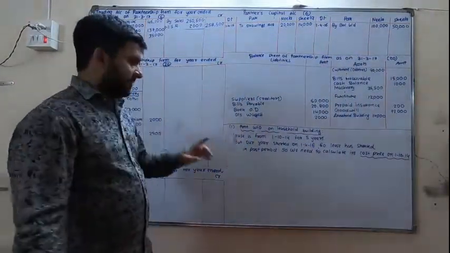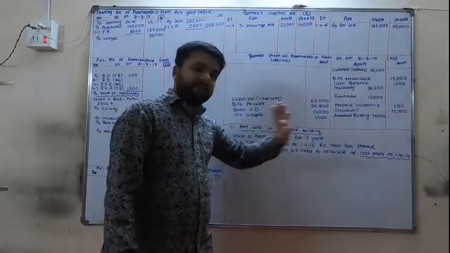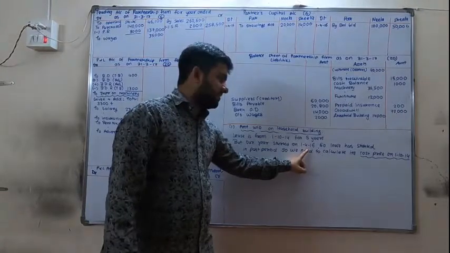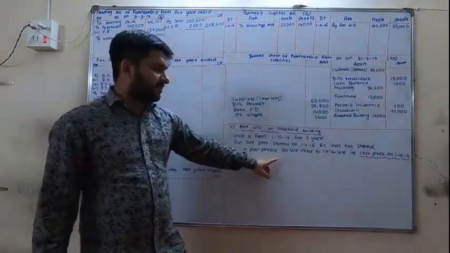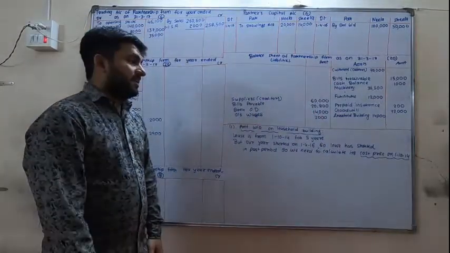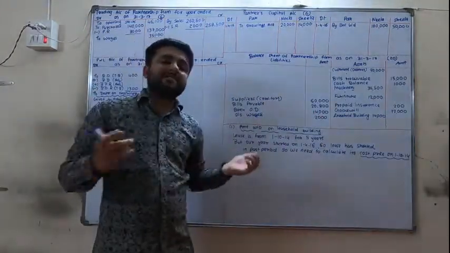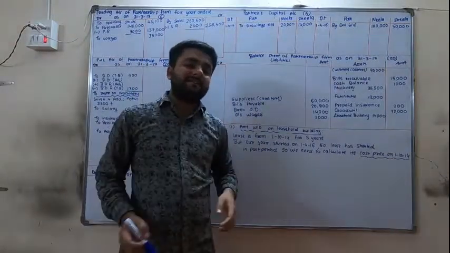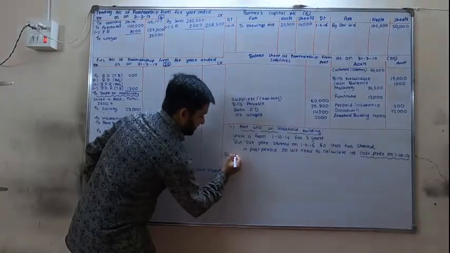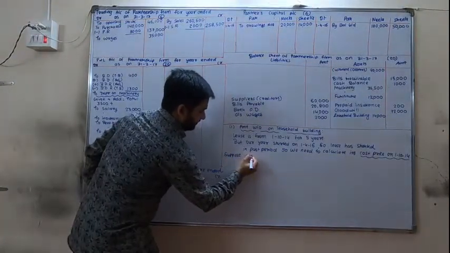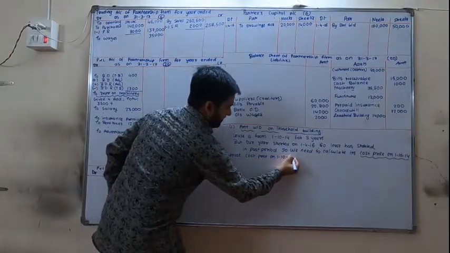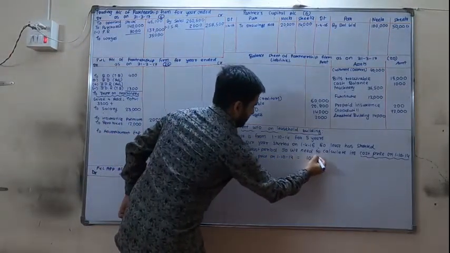Again I will read: lease is from 1/10/14 for 5 years, but our year has started from 1/4/16, so the lease has started in the past period, so we need to calculate its cost price on 1/4/16. Now how to calculate its cost price? We can just suppose it to be 100 and then we can find it out. Suppose cost price on 1/10/14 is equal to 100 rupees.